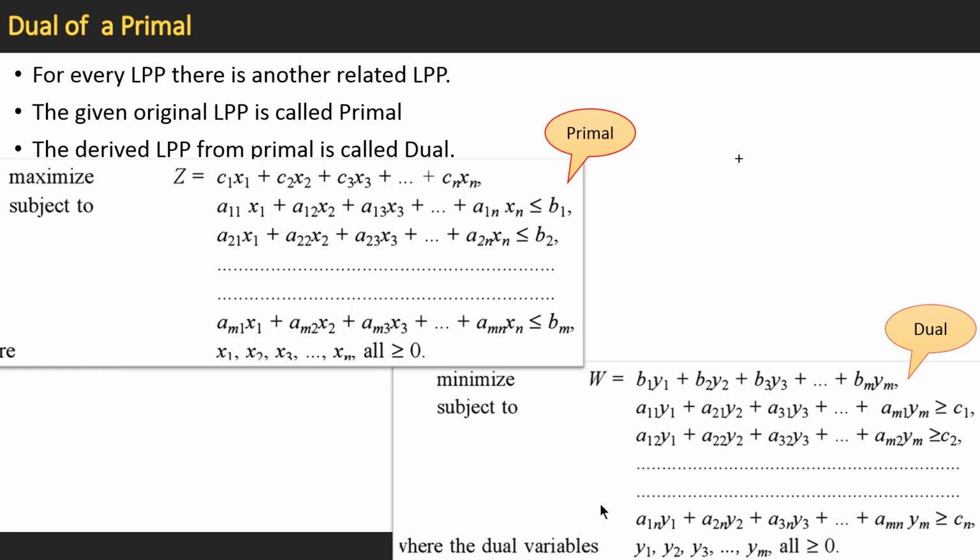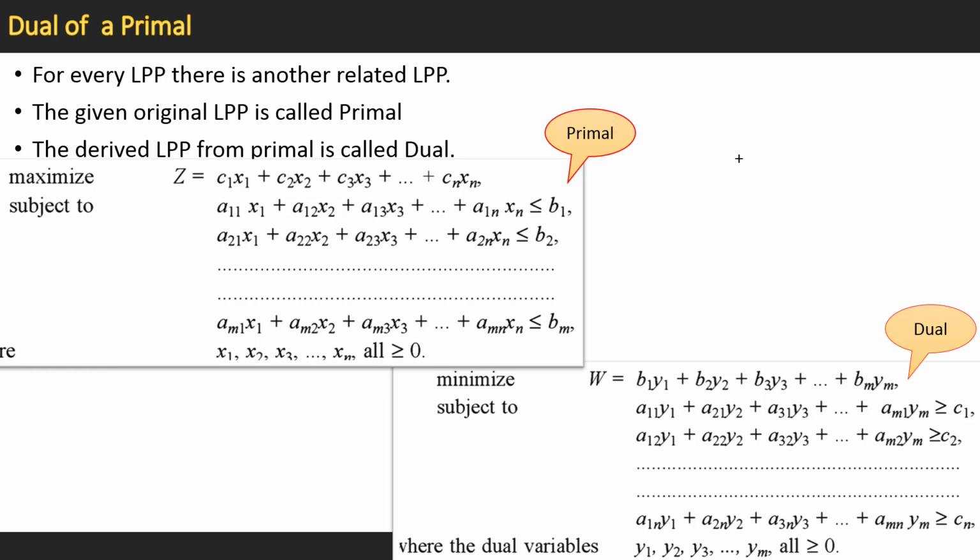In a transpose, the row becomes the column and the column becomes the row. The first row becomes the first column, the second row becomes the second column, the third row becomes the third column. This is known as the transpose of the matrix. So all the coefficients of the constraints, a11, a12, a13 and so on, a21, a22, a23, follow this: the first row becomes the first column, the second row becomes the second column, and so on.